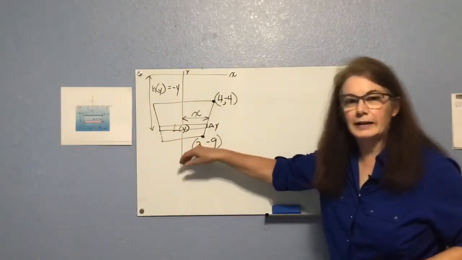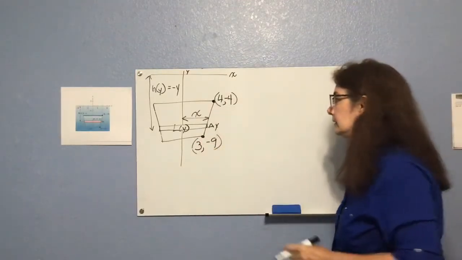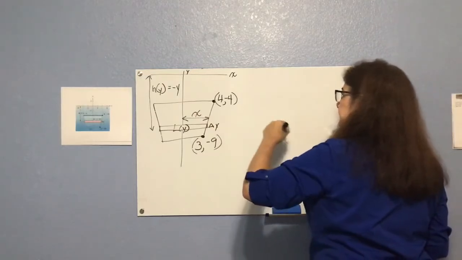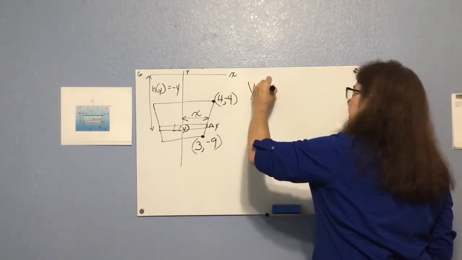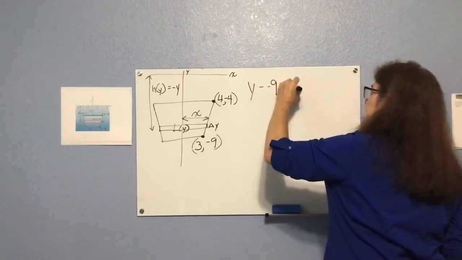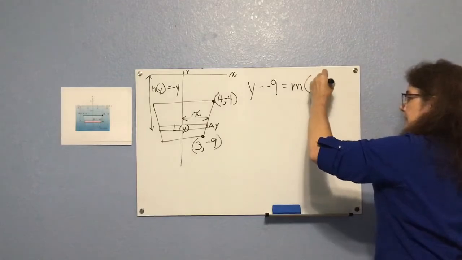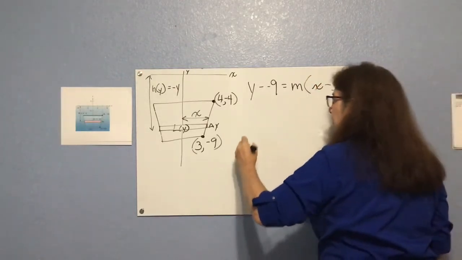To find this length, I need to know the equation of this line so I can find x. So we'll use the point slope form. Y minus -9 is equal to m times x minus 3. Now I need to find the slope.